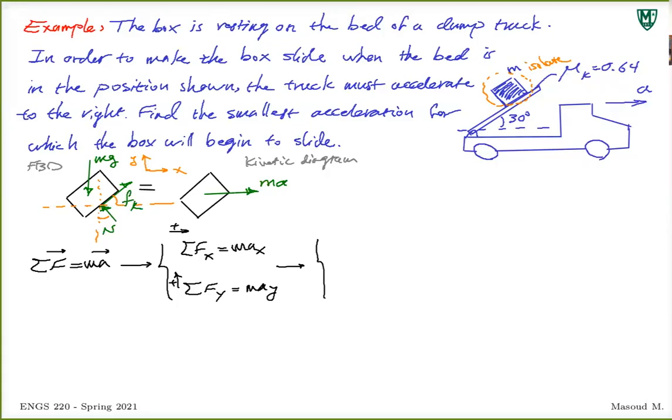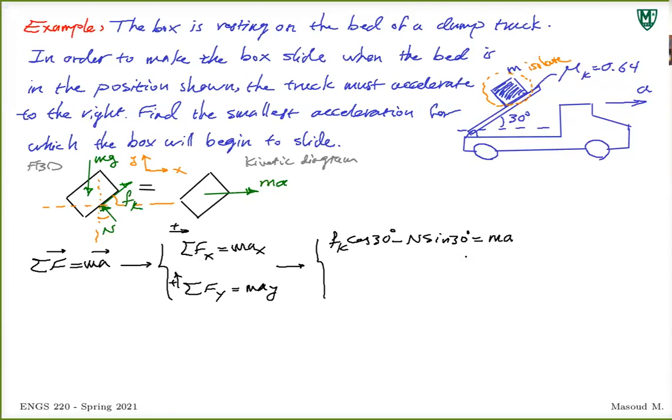So it would be Fk cosine 30 degrees, to the right, so positive. Then N creates a component in the x direction, which is negative: minus N sine 30 degrees. That's all I have in the x direction, equal to, on my kinetic diagram, ma. So it becomes ma, my ax is a.